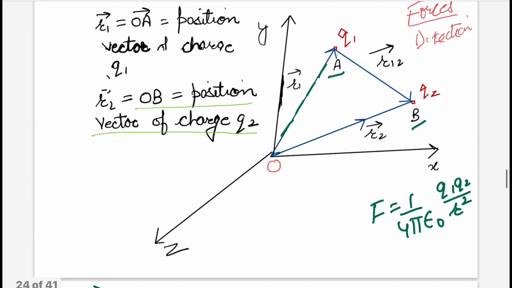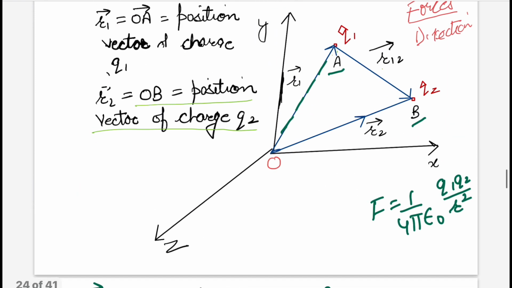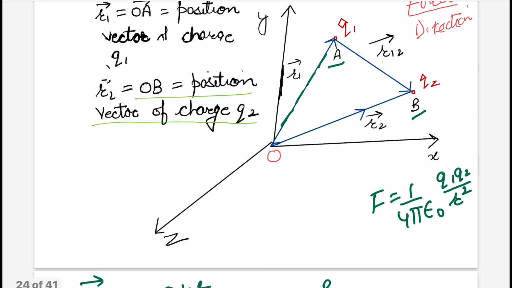So here we have written R12. If you apply the triangle law of vector addition over there, you can easily see that OA plus AB are traveled in the same direction, starting from this point to this point, but your OB is in a separate direction, so it is equal to OB vector, right?